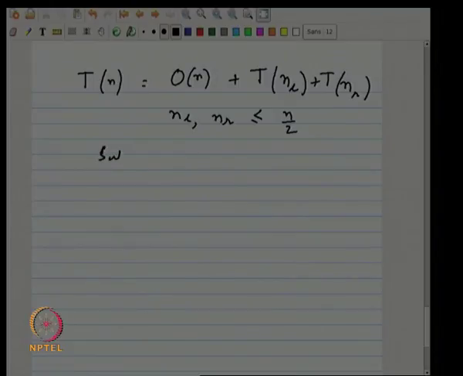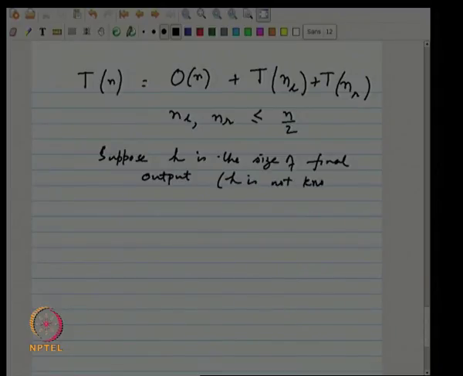Suppose H is the size of the final output. H is not known.